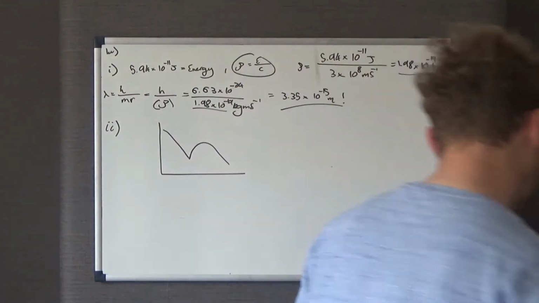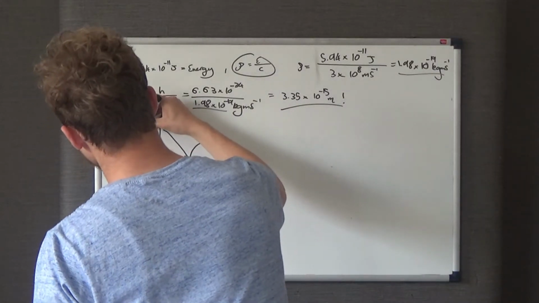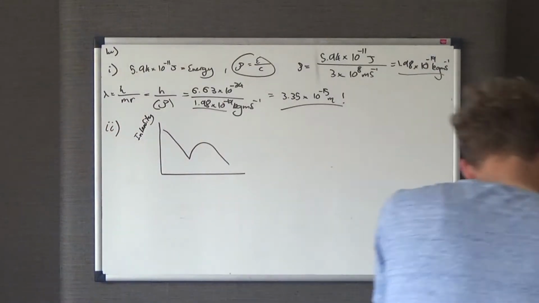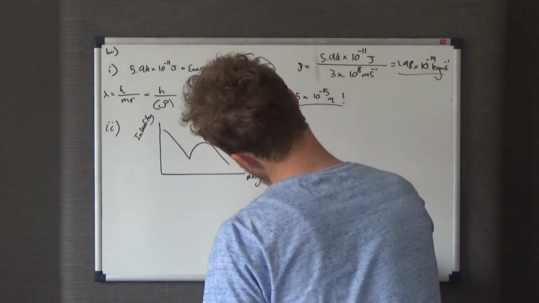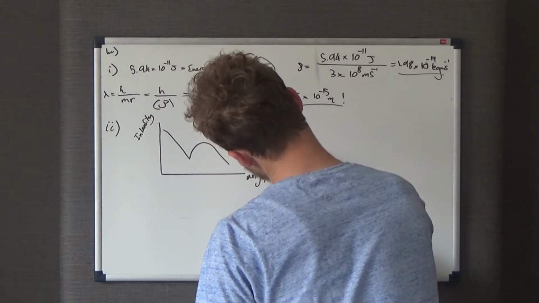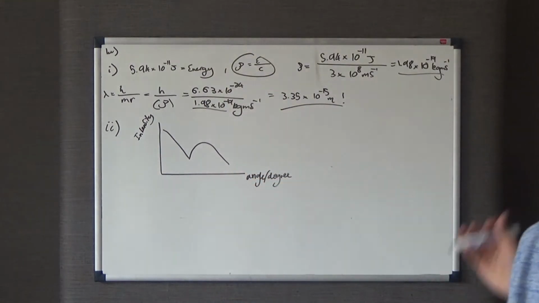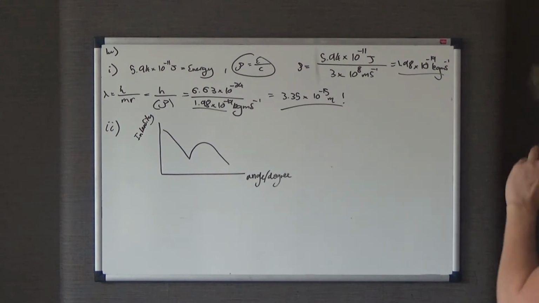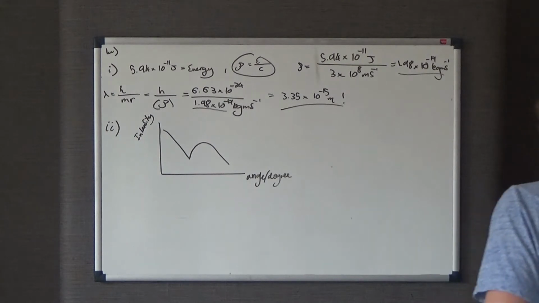On the y-axis we've got the intensity, and on the x-axis we've got the angle or degree. So how's this going to help us answer it? Obviously I've just joined up the dots here, but you can look online for that video.